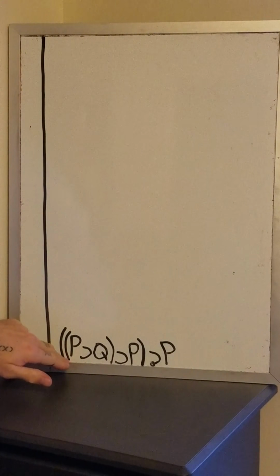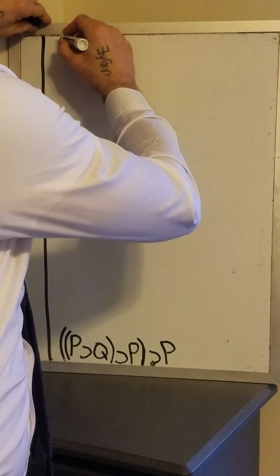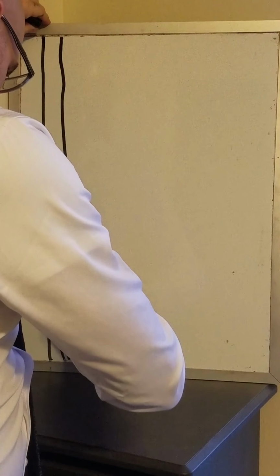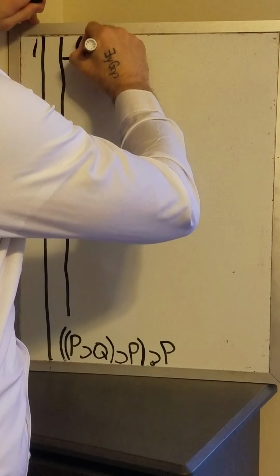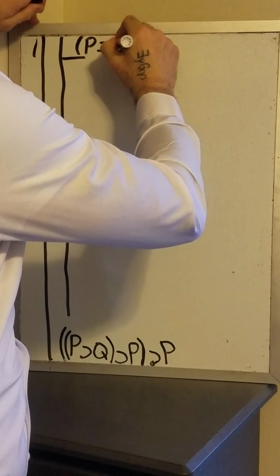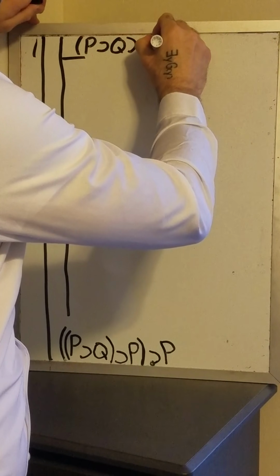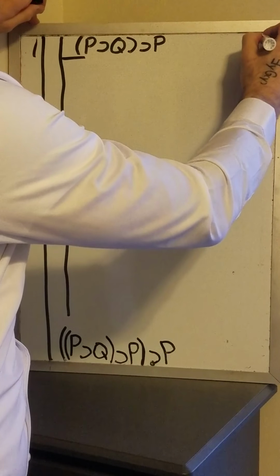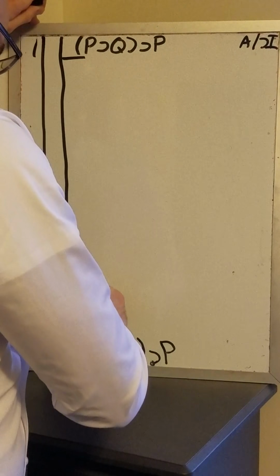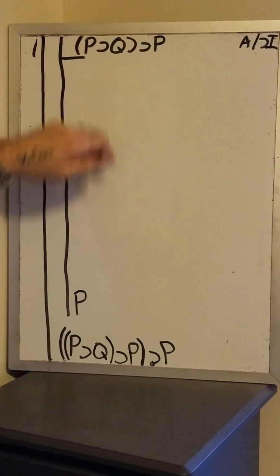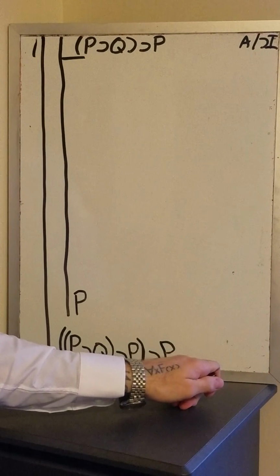So we're going to assume all of this for purposes of conditional introduction and try to show that this is going to follow at the bottom of that subderivation. So we assume all of this, and we're trying to show that the consequent is going to follow.